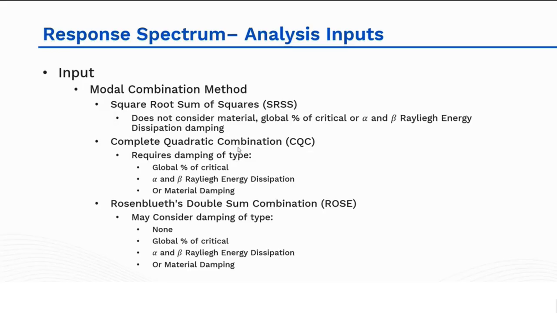The complete quadratic combination method actually requires that I define additional damping in my response spectrum analysis, else it's not available to be used. It's another method that's good for closely spaced frequencies like the model that we just looked at. I use the Rosenbluth's double sum combination method. One of the advantages is just like the complete quadratic combination in the sense that it can consider damping or it could have damping excluded.